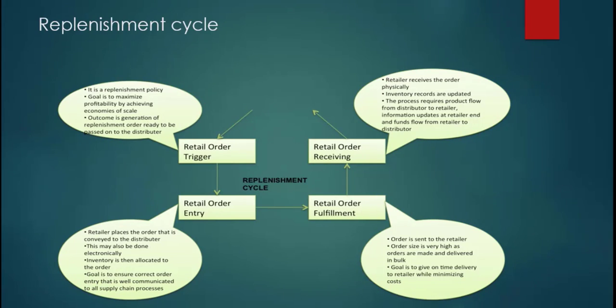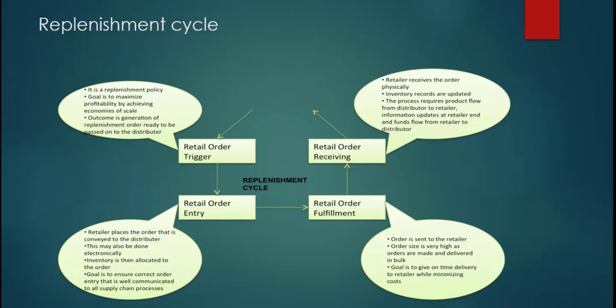Second is the replenishment cycle. The replenishment cycle occurs at the retailer and distributor interface and includes all processes involved in replenishing retailer inventory. It is initiated when the retailer places an order to replenish inventories to meet future demand. When the retailer gives an order, then it will happen.